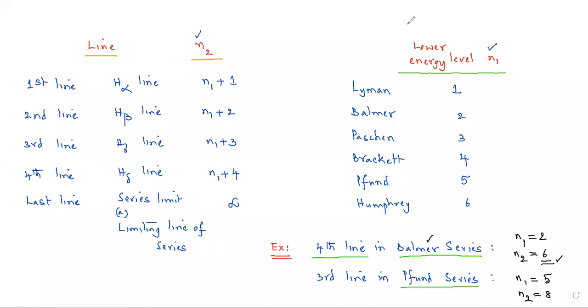We'll then go for the expression. Supposing you want the second line, or say H beta line, in Brackett series.